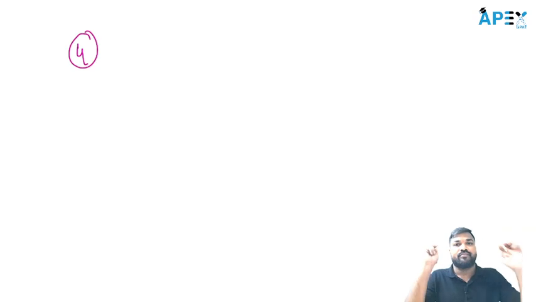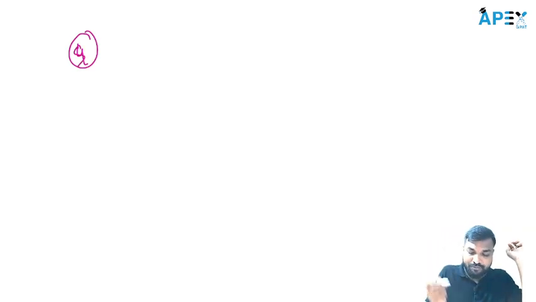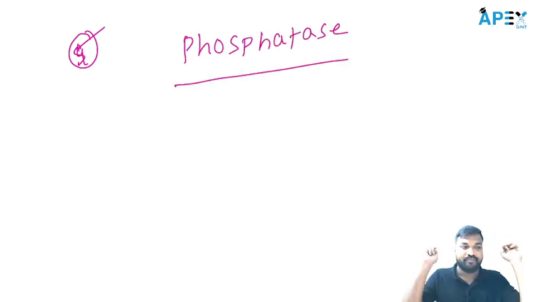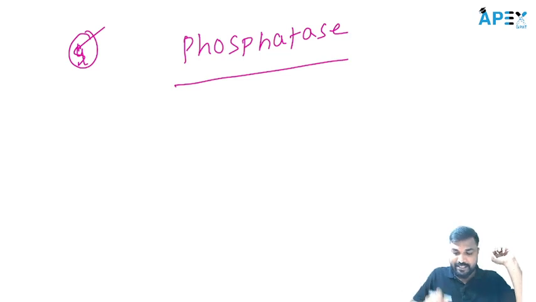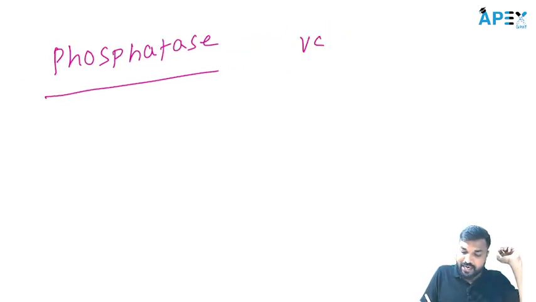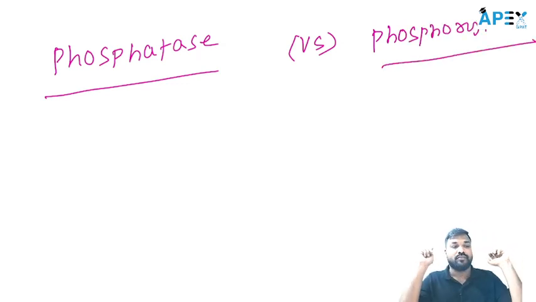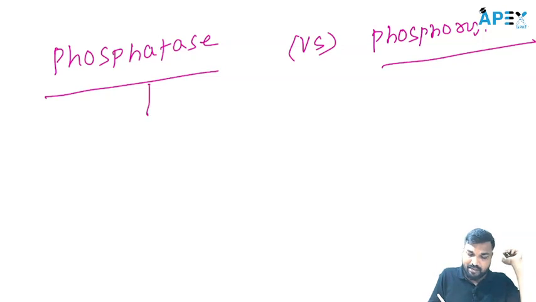The fifth important one is phosphatase. What is a phosphatase and what is a phosphorylase? Phosphatase means it removes the phosphate.